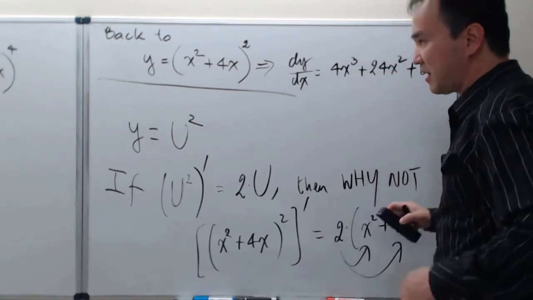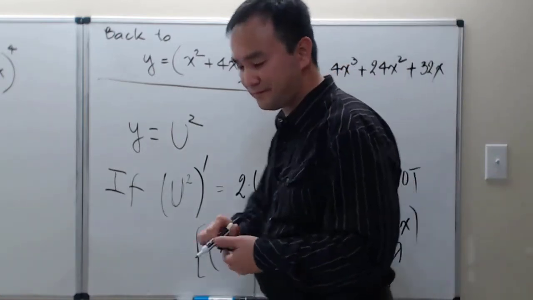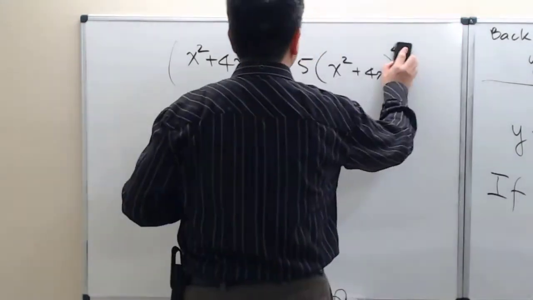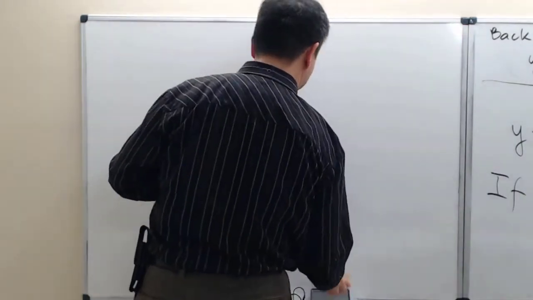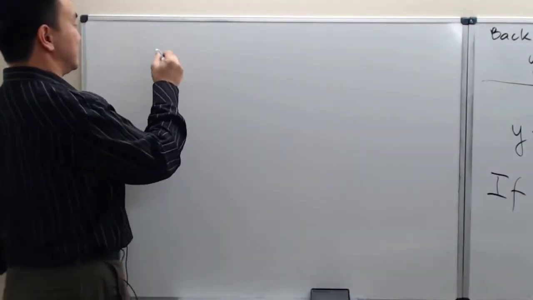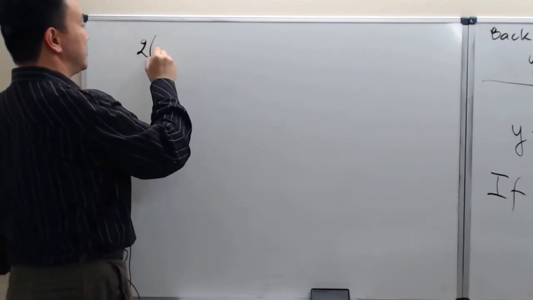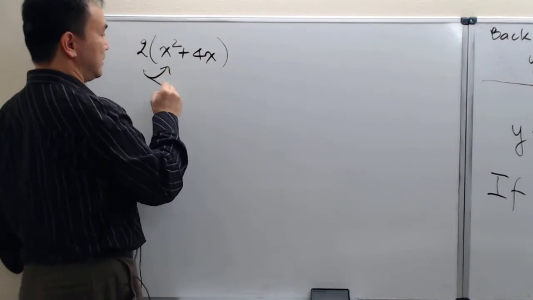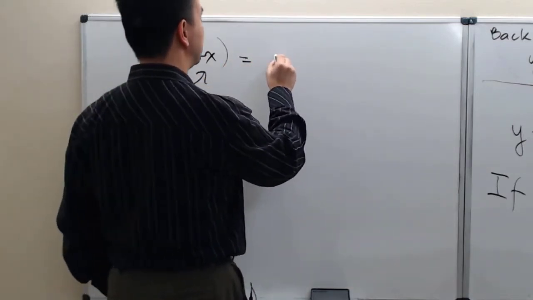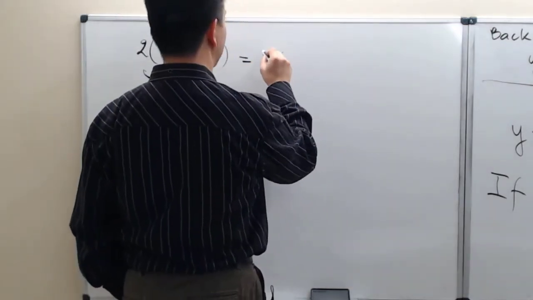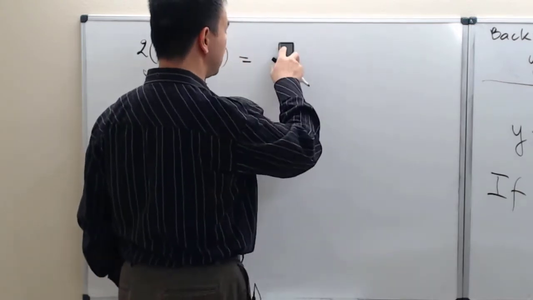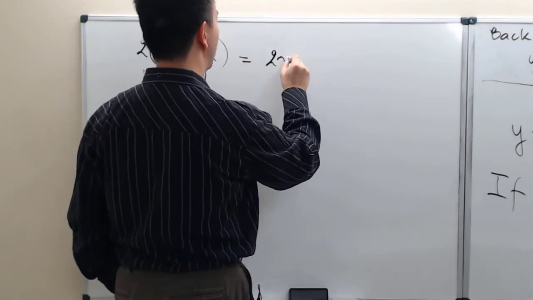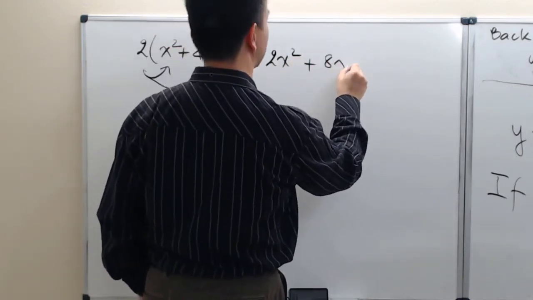Let me put it on the board here. 2 times x squared plus 4x. If we distribute this, we're looking at only 2x squared plus 8x.